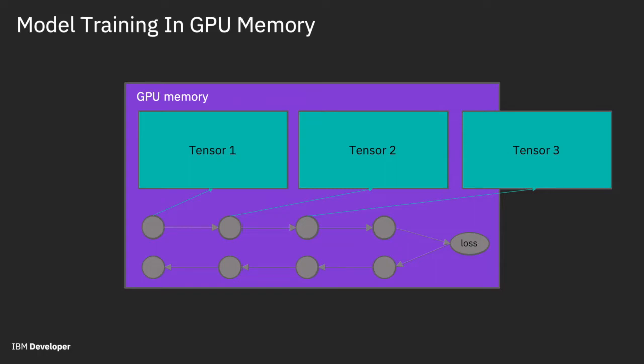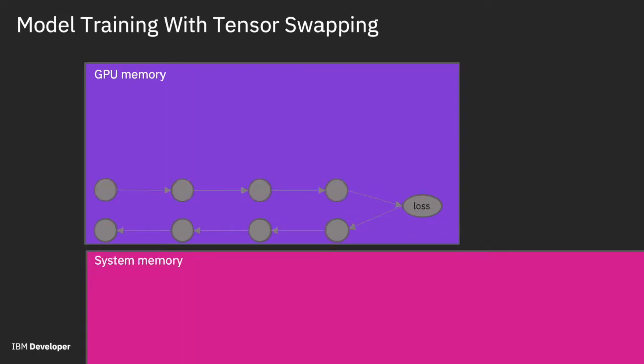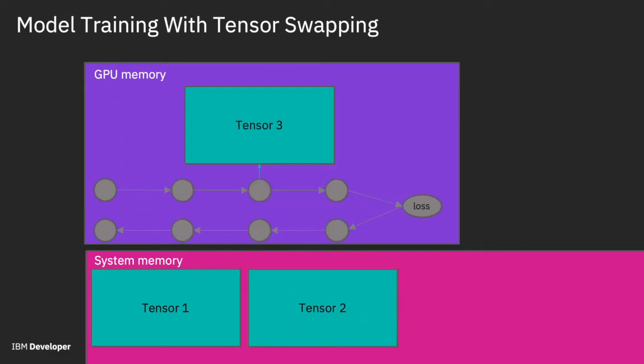Large model support provides an alternative to this problem by paging the computed tensor out to the relatively inexpensive system memory during the feed-forward phase. As you can see, this frees up GPU memory for each subsequent tensor, alleviating the out-of-memory error we were seeing before.